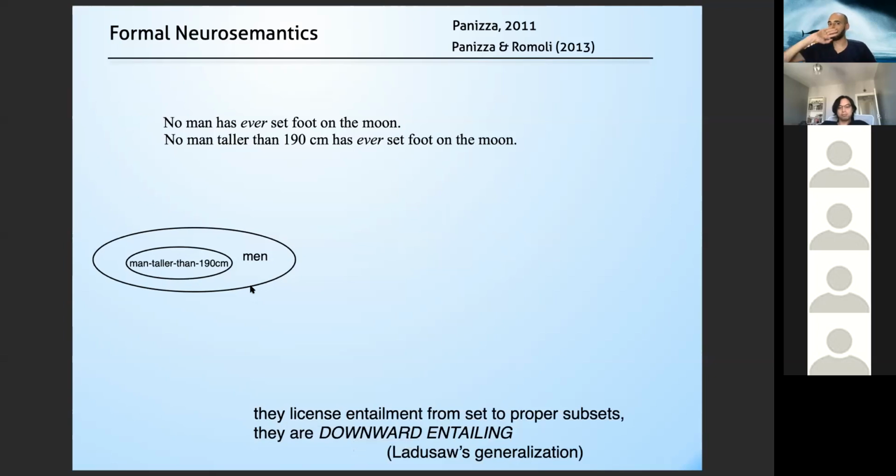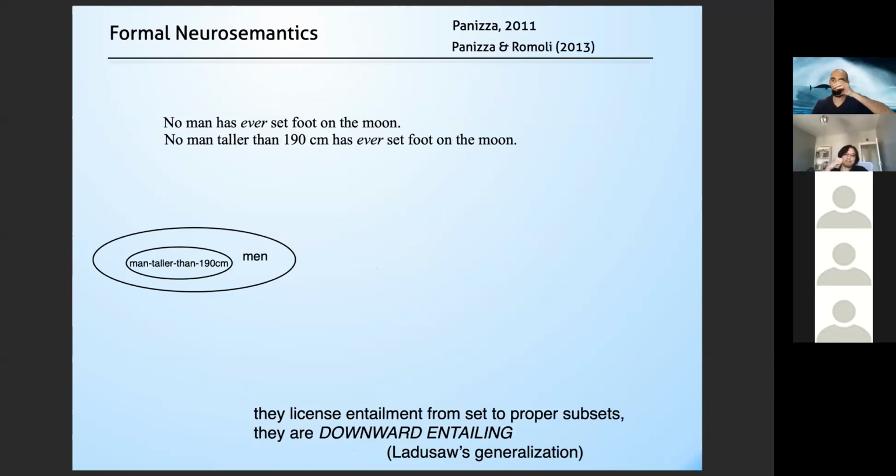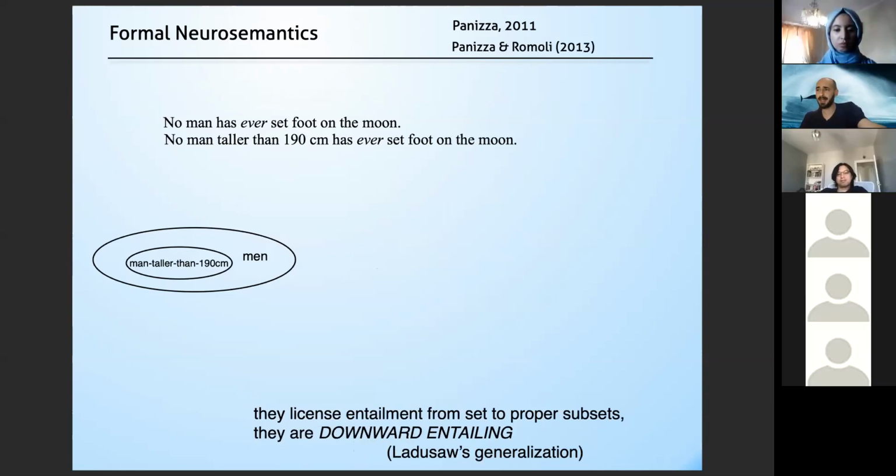Okay, so now, if I tell you that no man has ever set foot on the moon, can you infer that no man taller than 190 centimeters has ever set foot on the moon? Yes or no? I would take it as a yes.